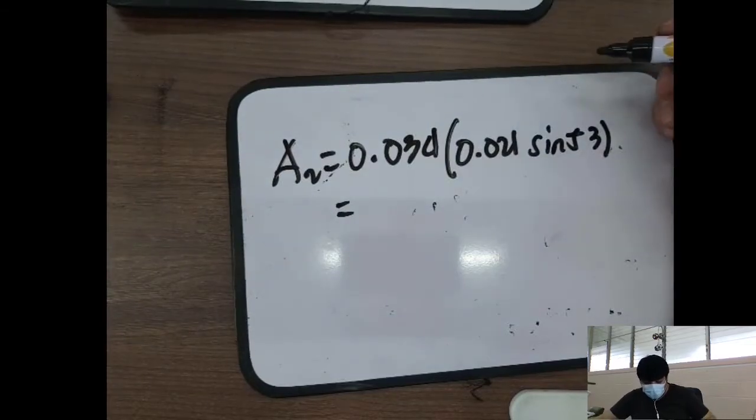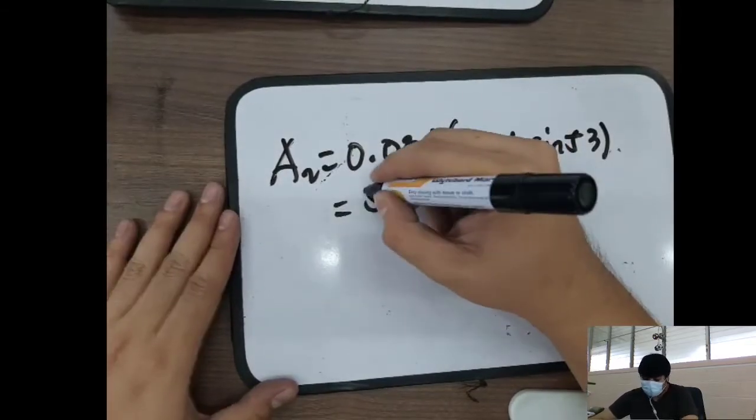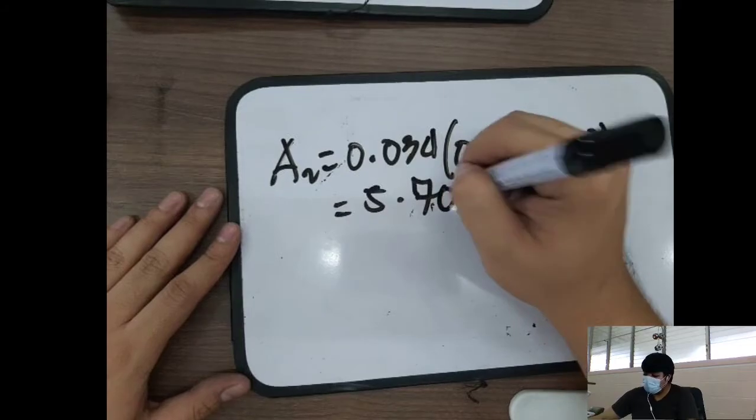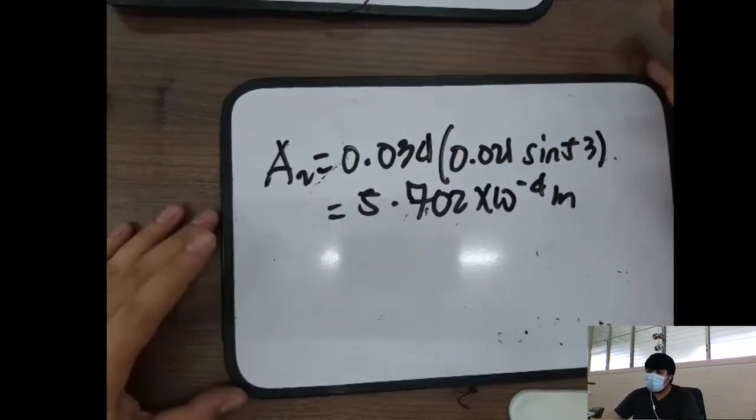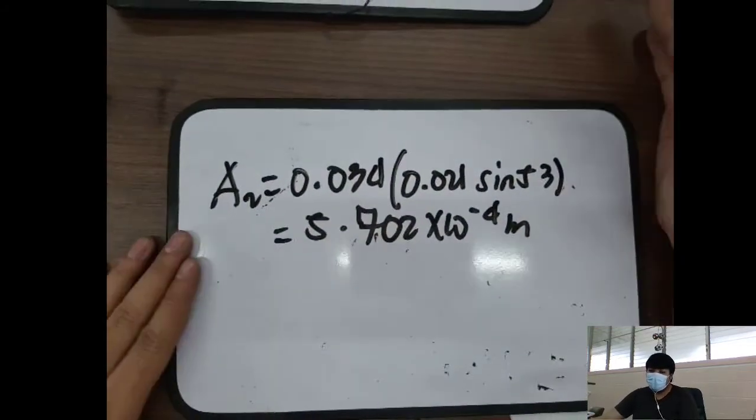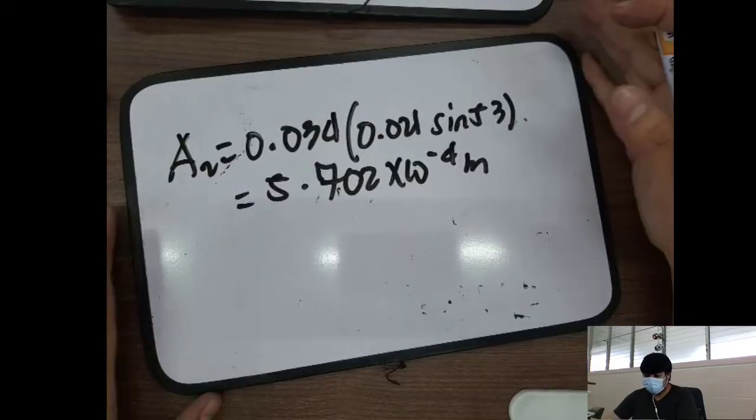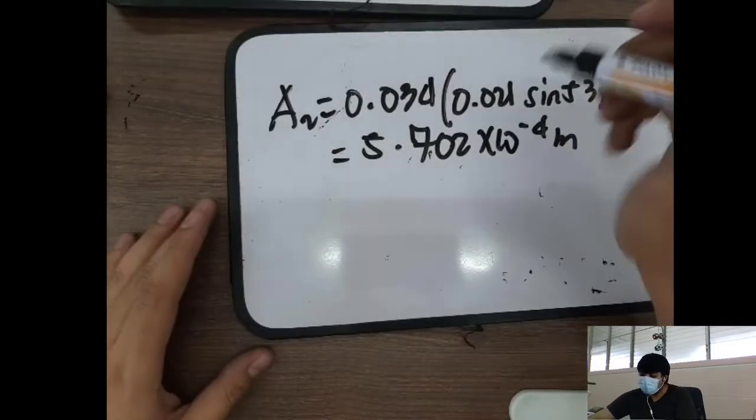And this will give you an area of 5.702 times 10 to the negative 4 square meters. So, as you can see, the effective area decreased once you tilt it.